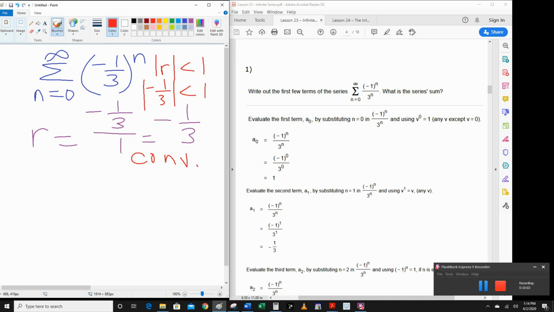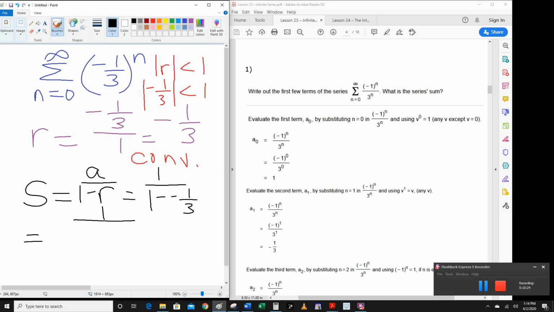So let's find the sum. The sum formula is A over 1 minus R, in which A is the first term in your series. So that would be 1 over 1 minus negative 1/3, and that gives us 1 over 1 plus 1/3.